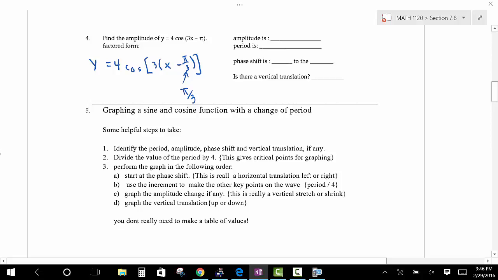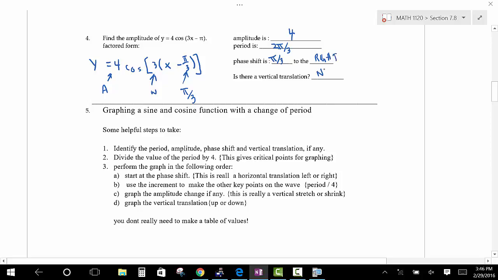Okay, what's the period? Hold on, what's the amplitude? Let's start there. 4. Okay, amplitude's 4. That's that number. What's the period? 2 pi over 3. Okay, that's omega. So that would just be 2 pi over 3. What's the phase shift? Pi over 3, which way? To the right. Is there a vertical translation?